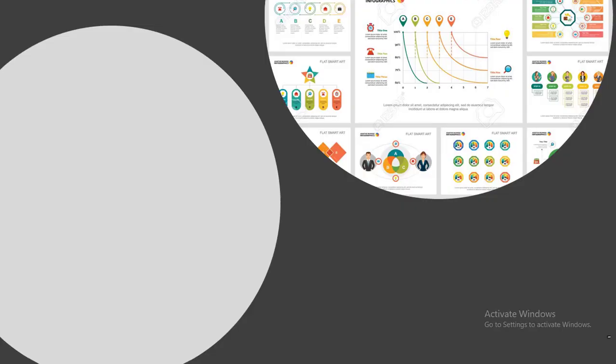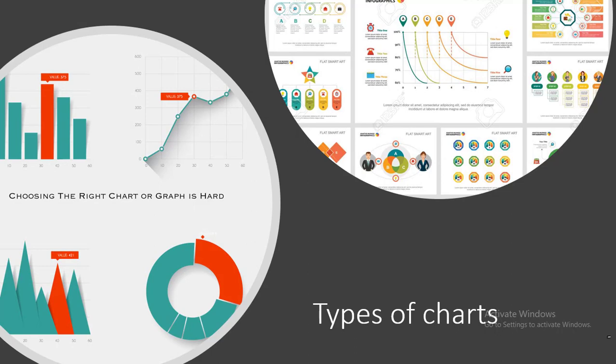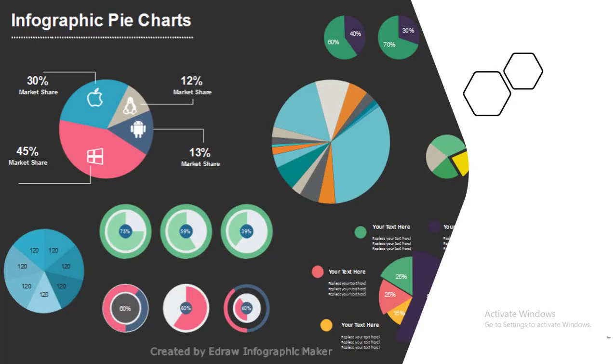Charts come in different types, so you can find different shapes and designs of charts: in circles, in pyramids, in bars, in lines, with different colors and different designs.